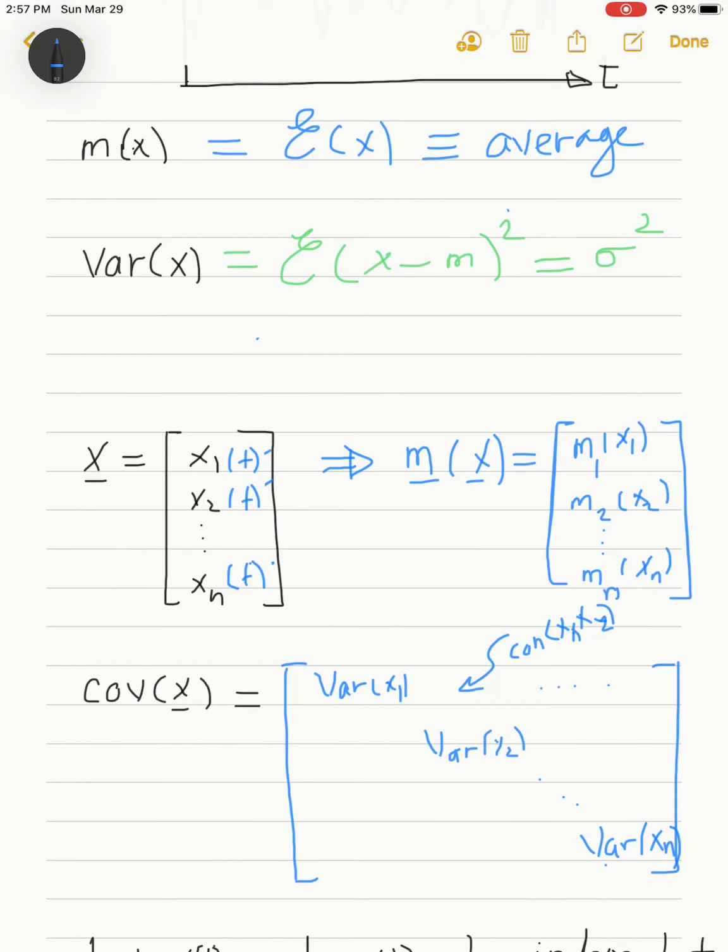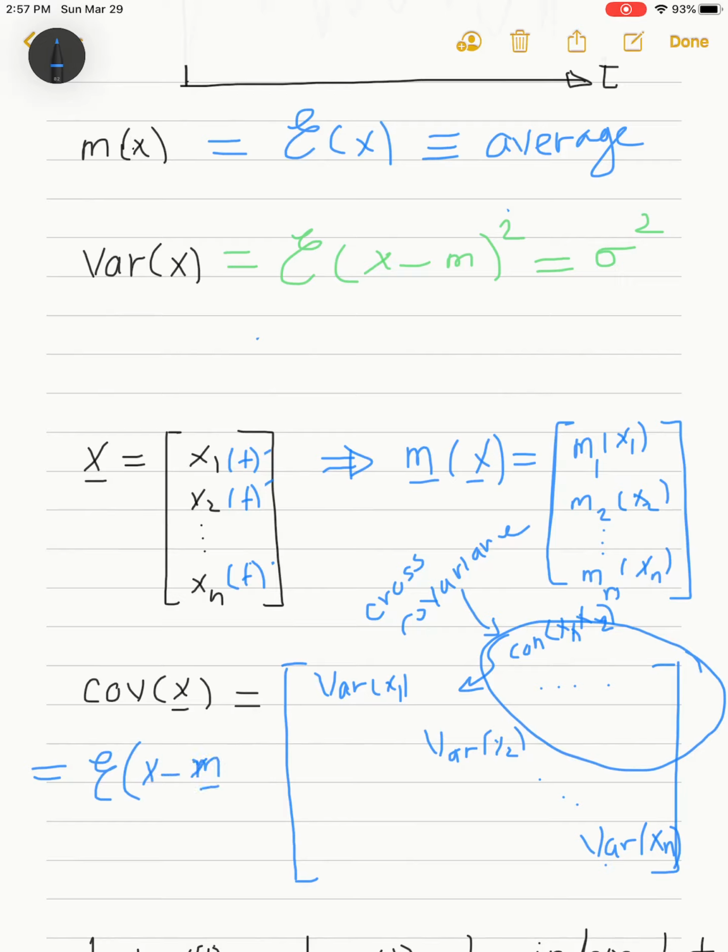So this matrix is normally a symmetric matrix, and the off-diagonal elements are called the cross covariance. This is defined as the expected value of x minus the mean times x minus the mean transpose. This is the definition of the covariance matrix.